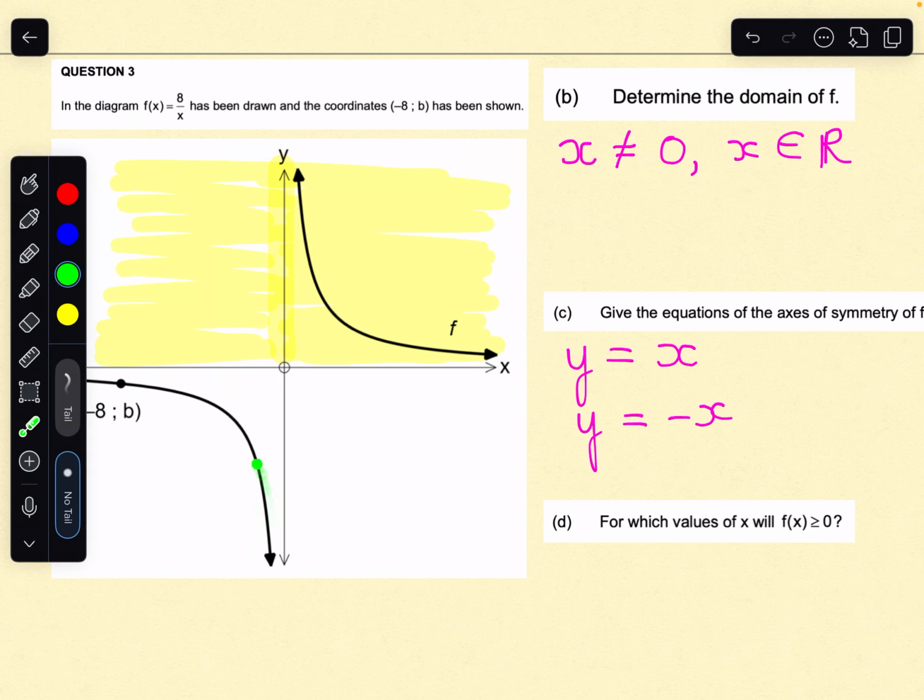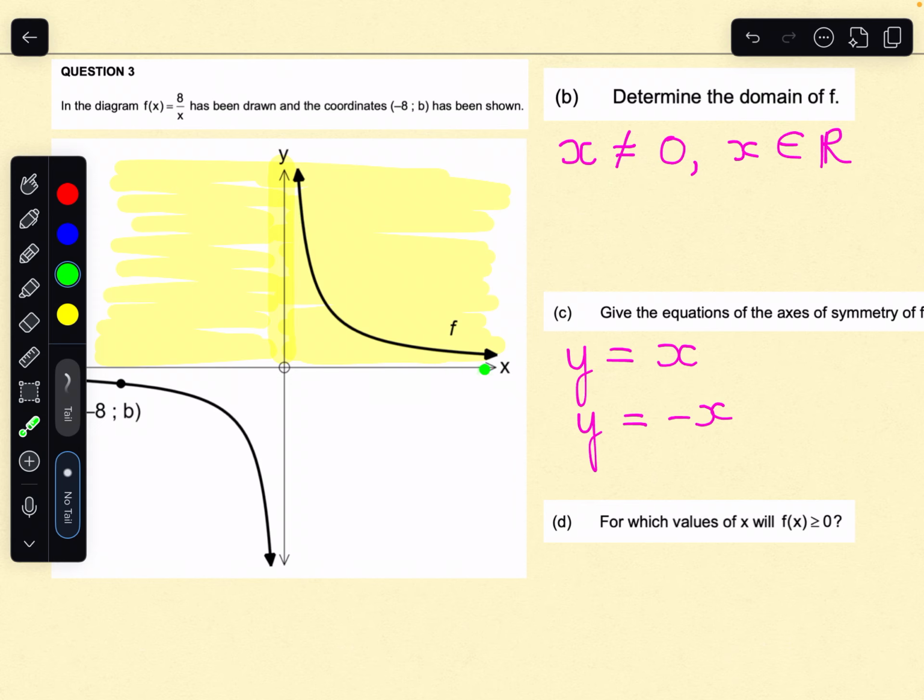So this part of the curve we are not interested in, because for any point on this part of the curve, y is less than 0. So really, this is the part of the curve that we're interested in, because here the output of the function, or the y coordinates, are indeed greater than or equal to 0. And so which values of x produce this curve?